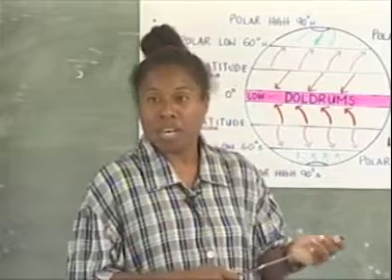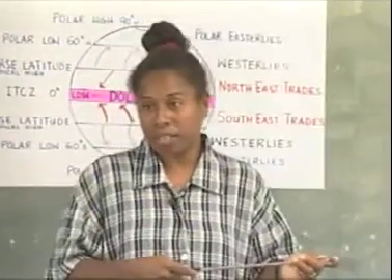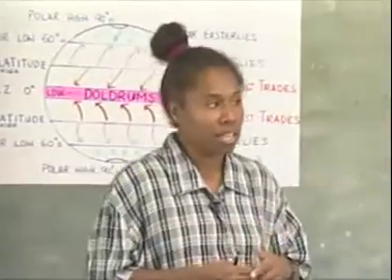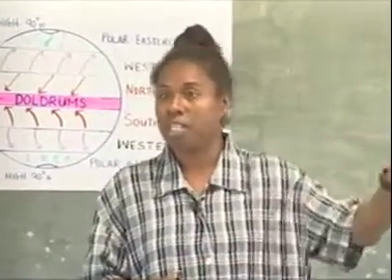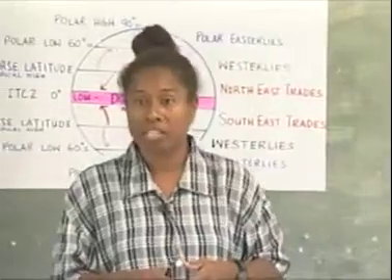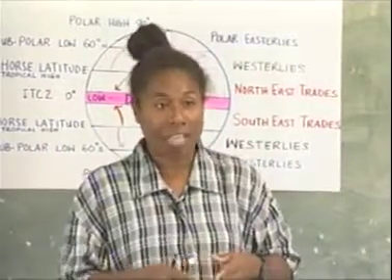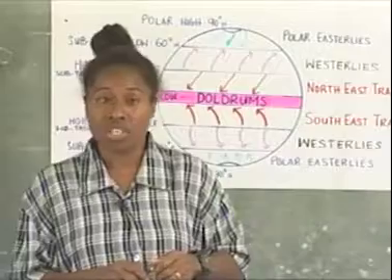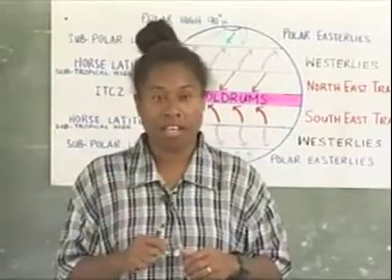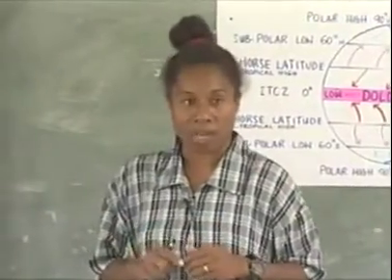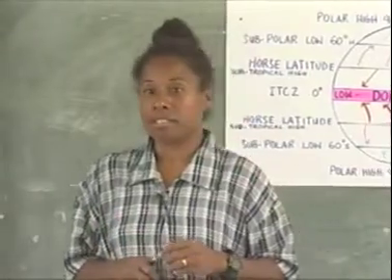Pressure is also associated with winds. Winds can be seen on a local scale, for example our local winds that blow, and winds can also be seen on a large scale, or what we call a planetary scale. We have looked at information on pressure belts on a large scale, and together with those pressure belts, we are going to look at the major planetary winds.